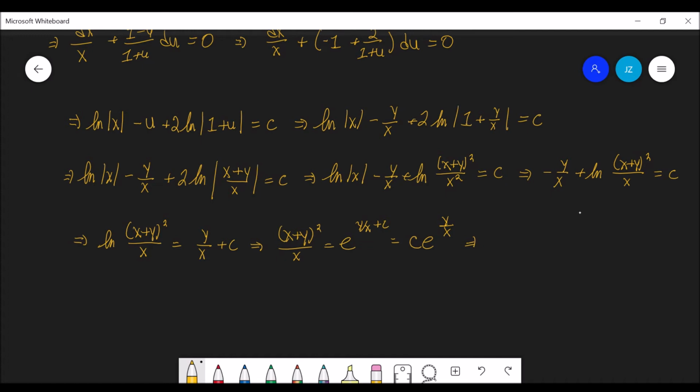Now multiply both sides by x, and we have (x plus y) all squared is equal to c x e to the y over x. There's going to be no way to explicitly solve for y, so we can just leave it in that form.